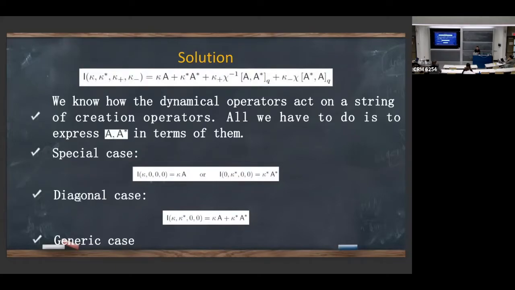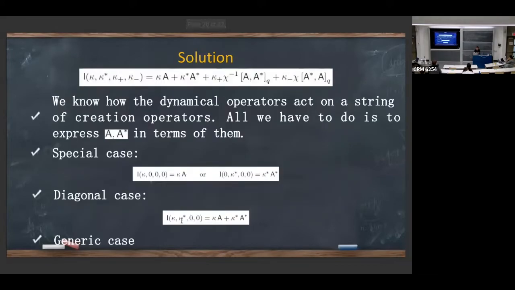And in the diagonal case, we have only A and A star. I also mentioned the generic case, but actually the most important ingredients are already in these two cases, the special case and the diagonal case.